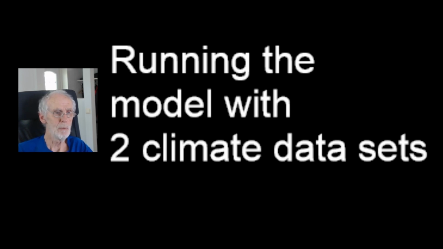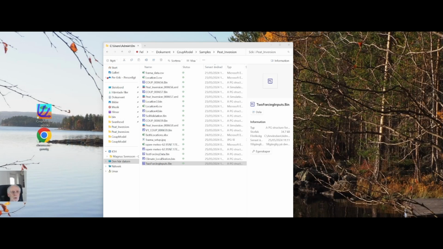Okay, we will remember where we ended. We ended with having created, first of all, one new file called Open Meteo that contains exactly the driving variables for running the model.